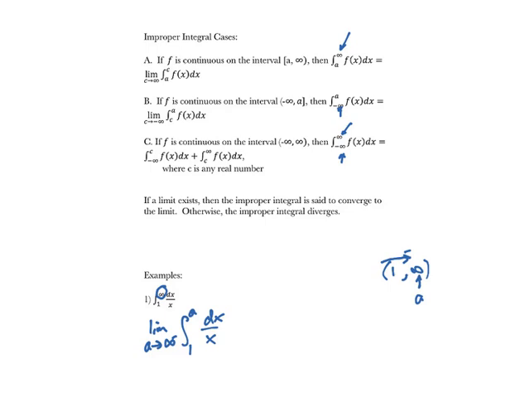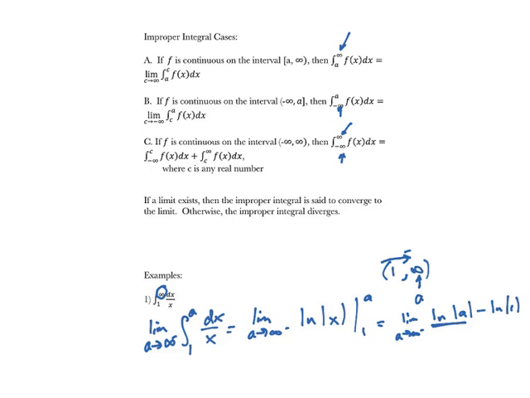All right, so now I integrate. I haven't evaluated the limit, so I keep the limit there. The integral of dx over x is the natural log of the absolute value of x, evaluated from 1 to a. So that would be the limit as a approaches infinity from the left of the natural log of the absolute value of a minus the natural log of the absolute value of 1.